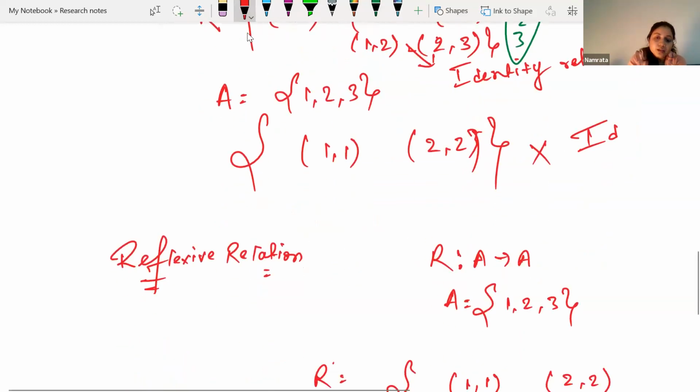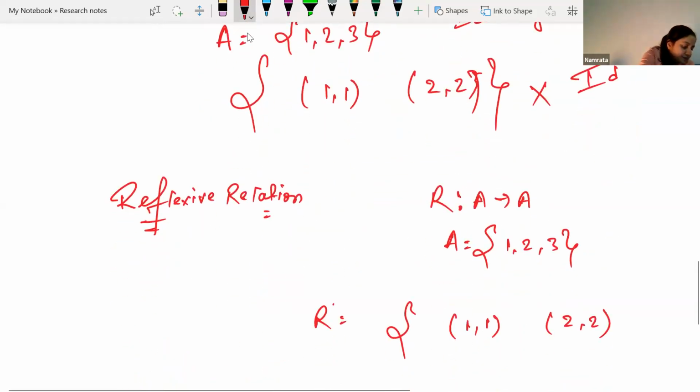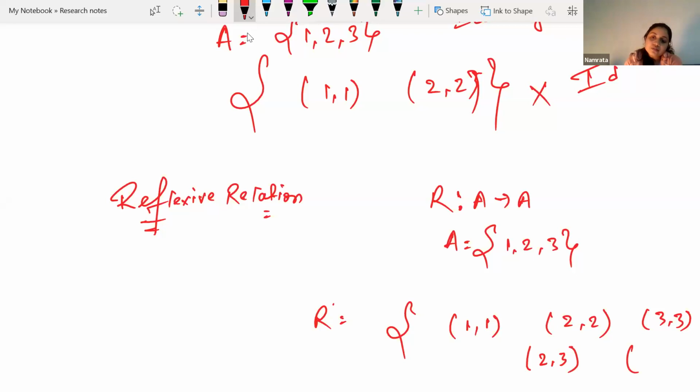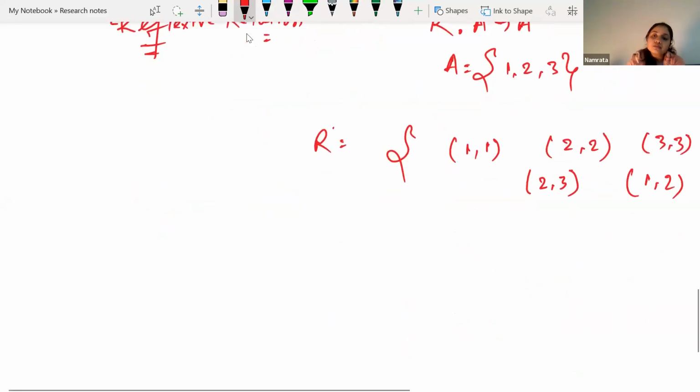Okay, let's move ahead. Now for the reflexive relation, take the same example, where set A consists of elements 1, 2, 3, and we have a relation with 1 with 1, 2 with 2, 3 with 3, and also 2 with 3, 1 with 2, and maybe 3 with 2.